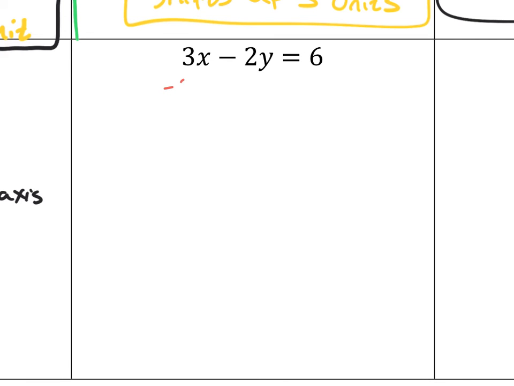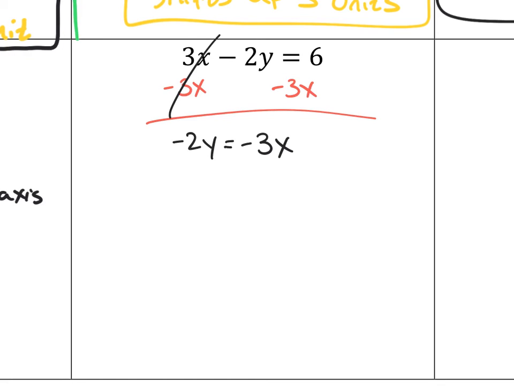So, first thing I'm going to do is subtract my 3x. So you get -2y equals -3x plus 6. Then, to get y by itself, you've got to divide everything by -2. Remember, we're dividing everything because there's a plus sign on the right-hand side.